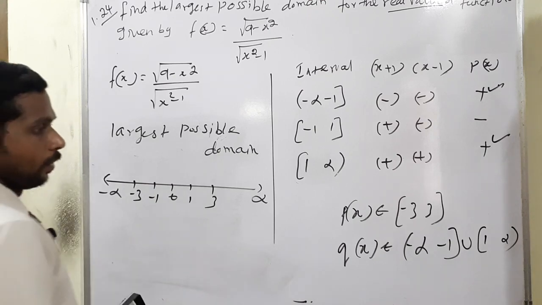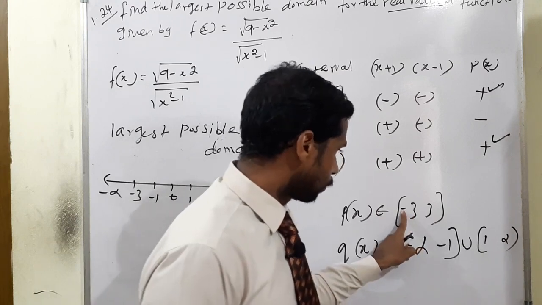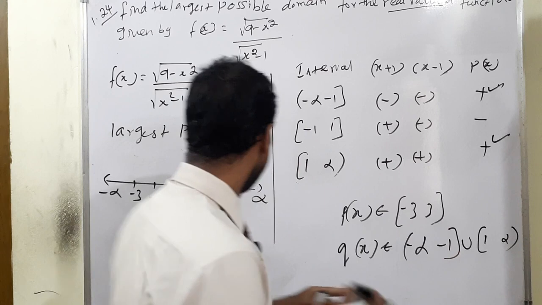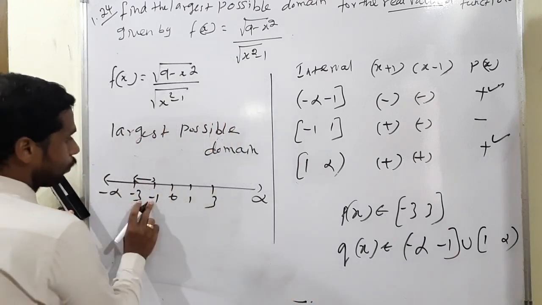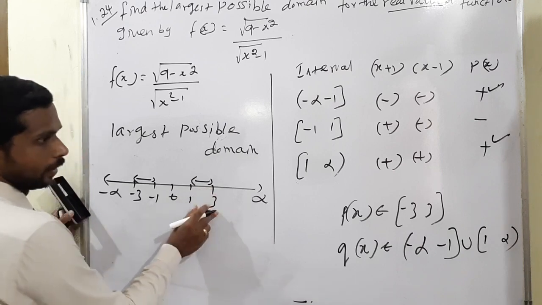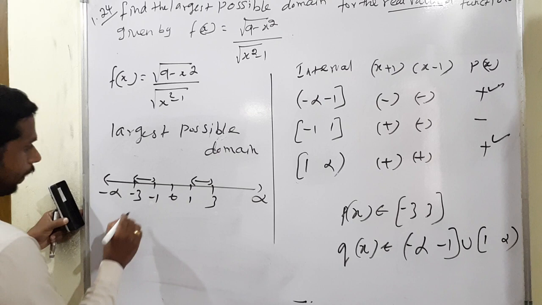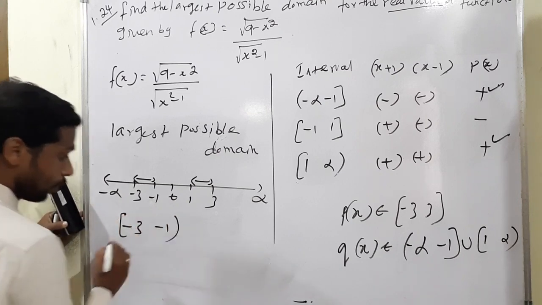In between, first minus 3 to minus 1, then positive 1 to 3. So the first interval is minus 3 to minus 1, another one is 1 to 3. Therefore the domain we can write clearly: minus 3 closed interval, minus 1 open interval.